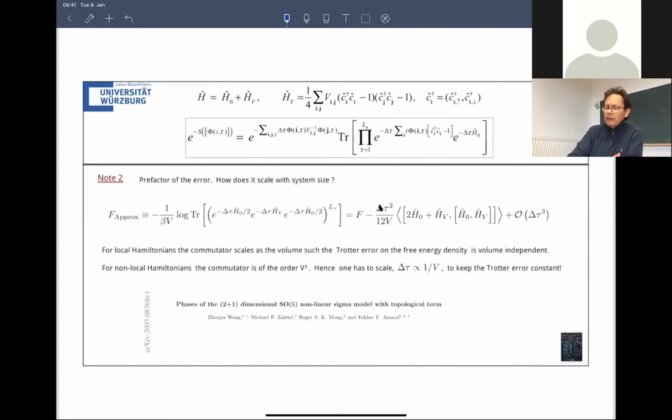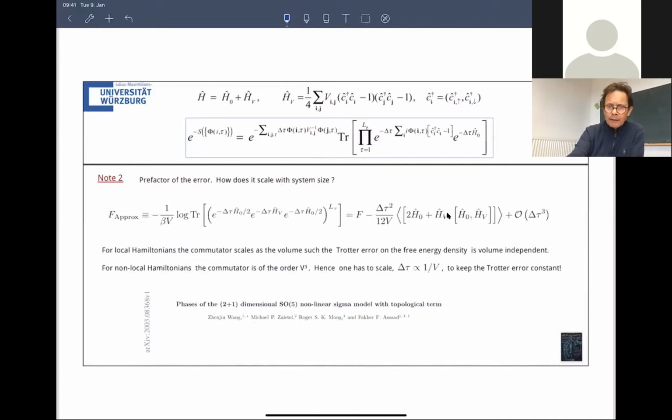So that's okay. You can make your system size bigger and bigger, and you don't have to make your Trotter step smaller and smaller. So Senju Wang encountered a case where this is not the case when you have non-local Hamiltonians. This is what happens. I won't talk about this, it's a very nice article by Senju. Essentially, in this case, it can be that this scales as the volume, so that the whole thing scales here as the volume cubed.